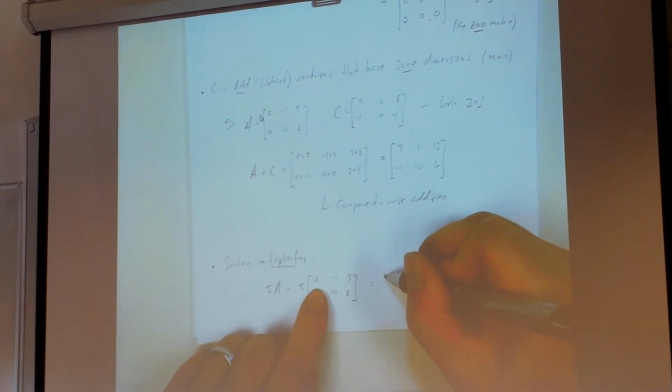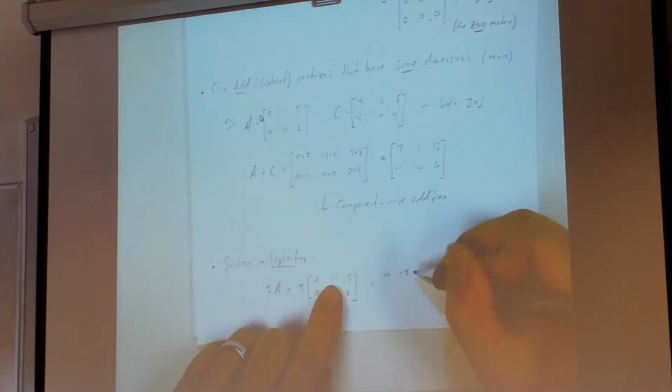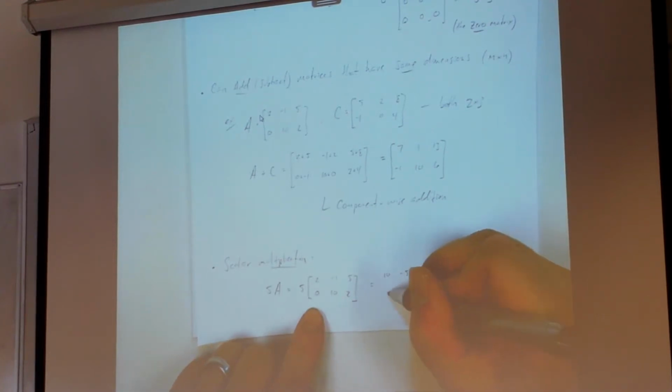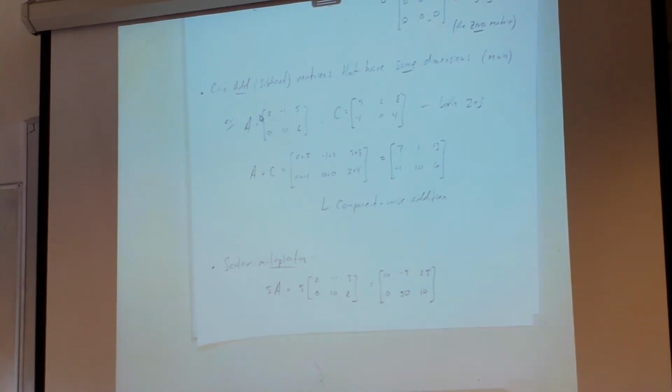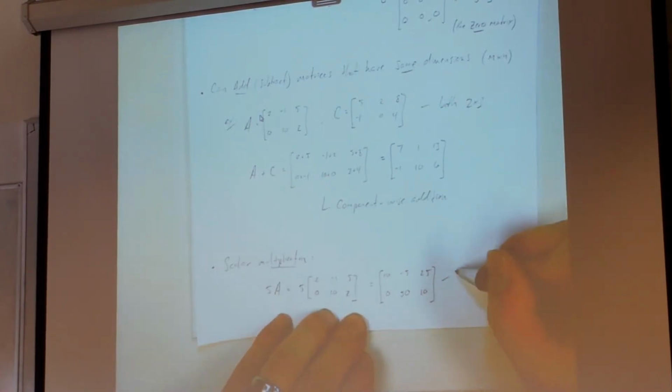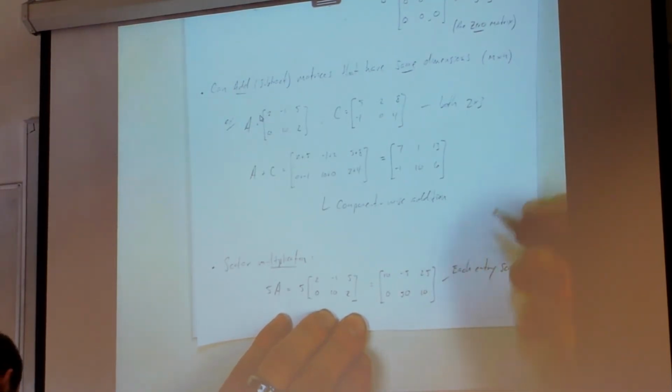So we're going to get 10, -5, 25, 0, 50, 10. Each entry gets scaled by that scalar.